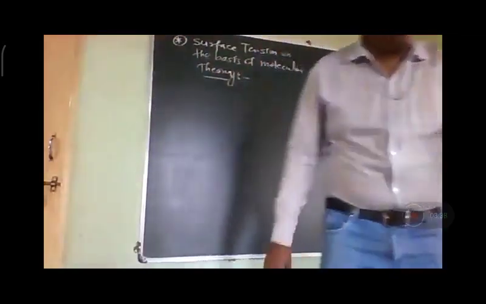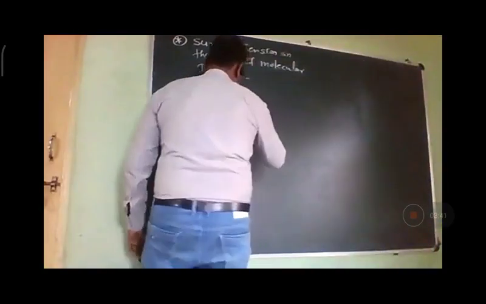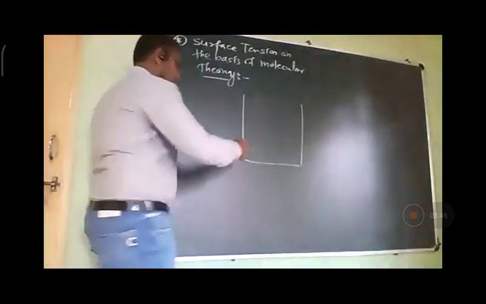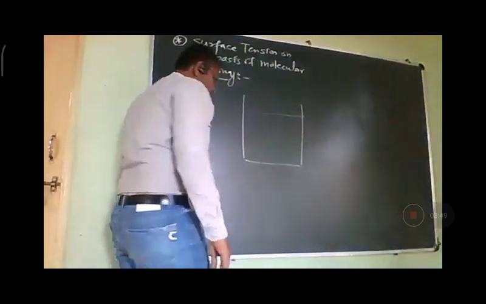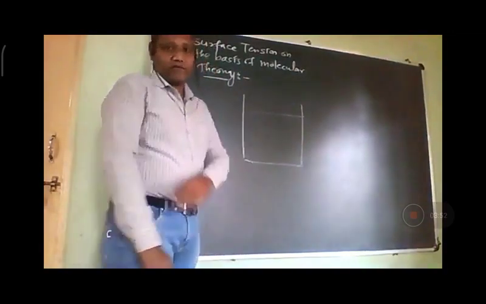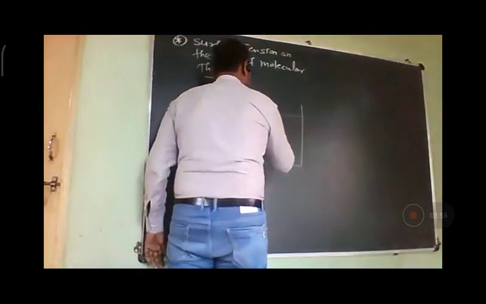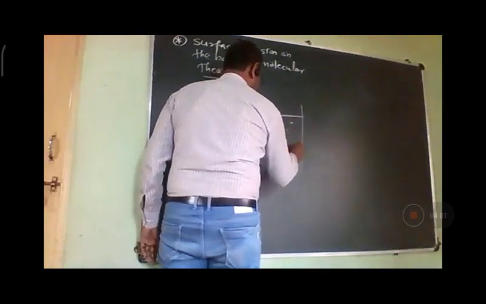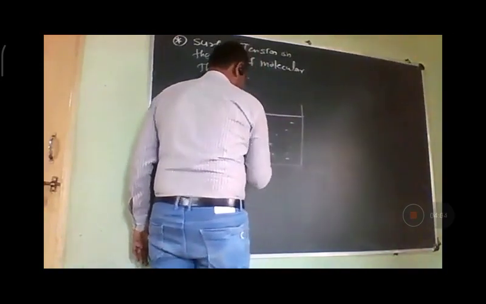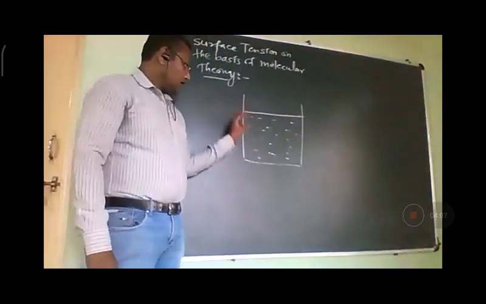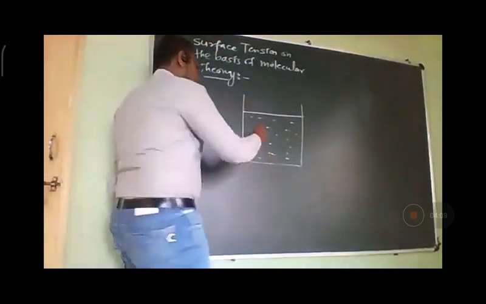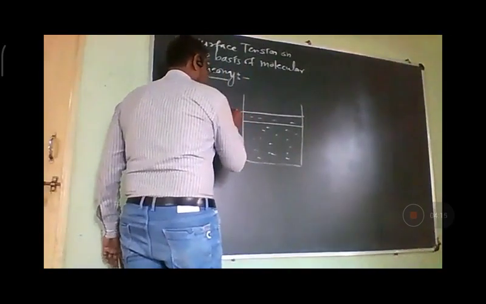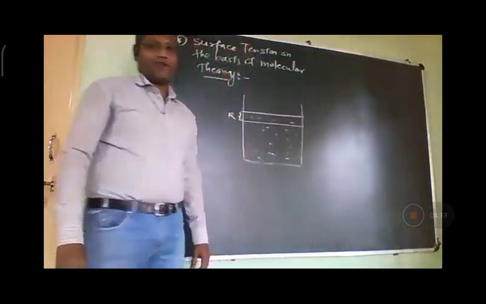Suppose I draw a glass vessel here, with water taken inside this glass, and this is the uppermost layer of water inside which the complete water is filled. If I consider the upper layer of the liquid whose thickness is equal to the range of molecular attraction, that upper layer is said to be the surface film.